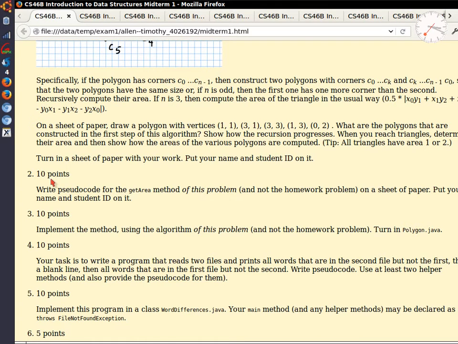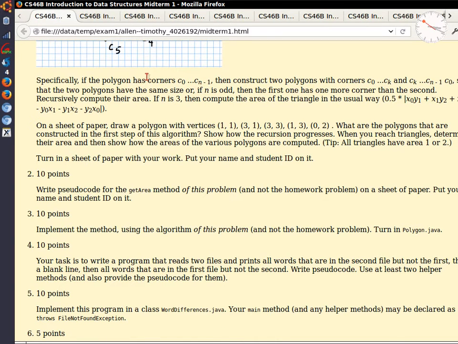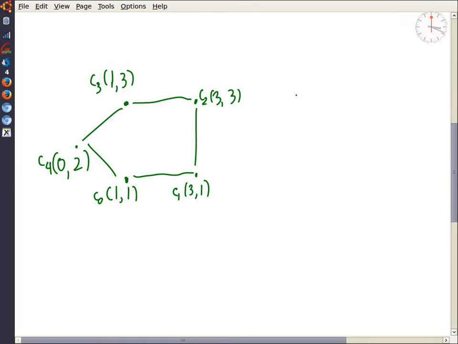Because now it says we need to find the two polygons that are constructed. Here it says if n is odd, let's see what is n in our case. n is the number of points because we go from C0 to Cn minus 1. So n is 5 in our case. 5 is odd. Then the first one has one more corner than the second.